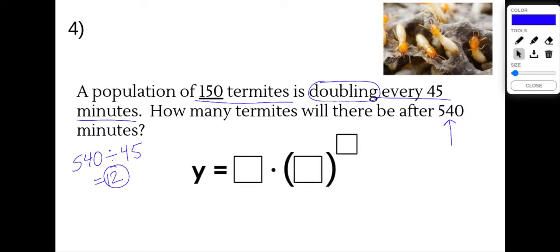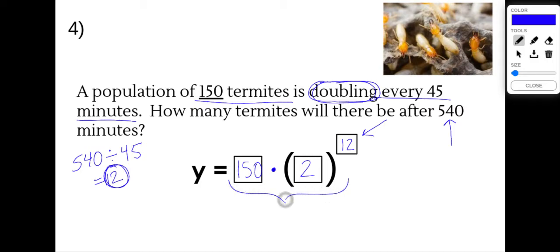Okay, I think we're ready to write our function rule. A is the start, and that's 150. What are we multiplying by? What's our factor of change? Right here, you guys, double. We're doubling it. And how many times do we want to double this? It doubles every 45 minutes, so remember, there were 12 45-minute time periods in that total 540 minutes. We want to double it 12 times.